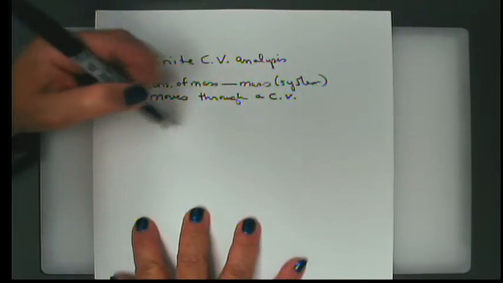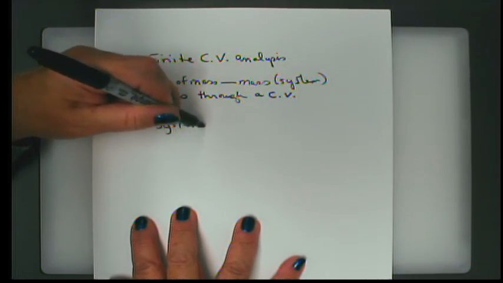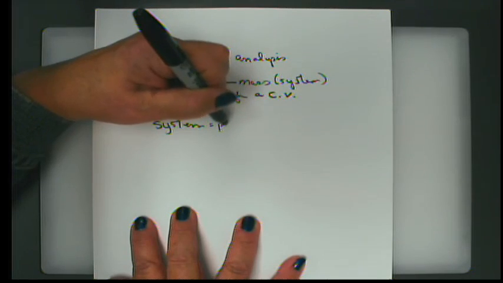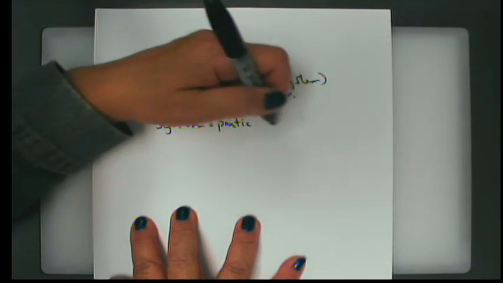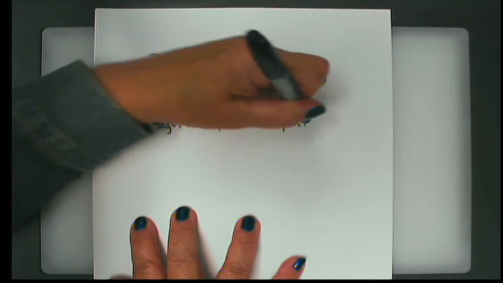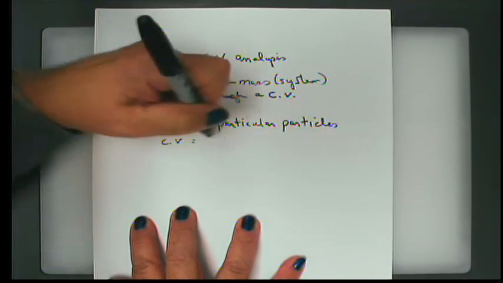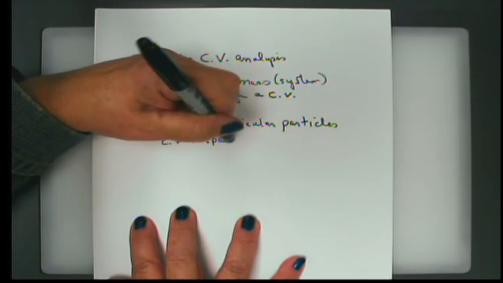So in Chapter 4, we discussed the idea that a system is a collection of particular particles or a particular slug of mass of a fluid, and that a control volume is the space they occupy at a particular time.